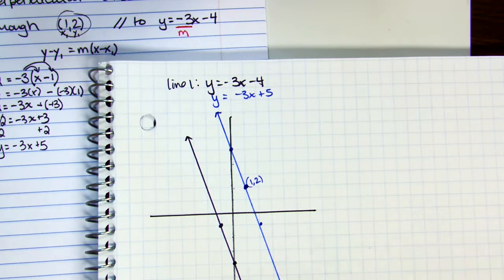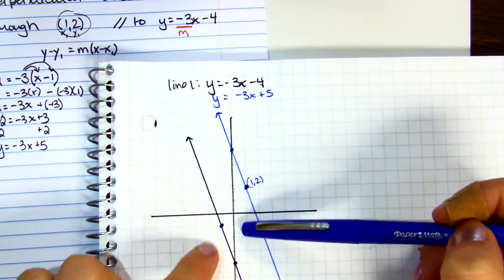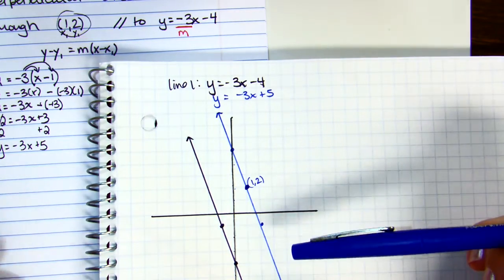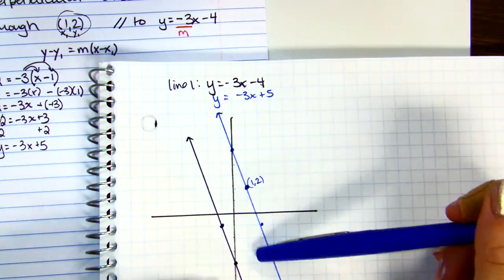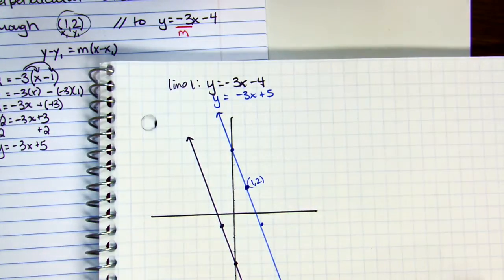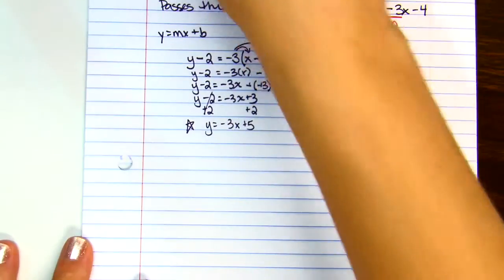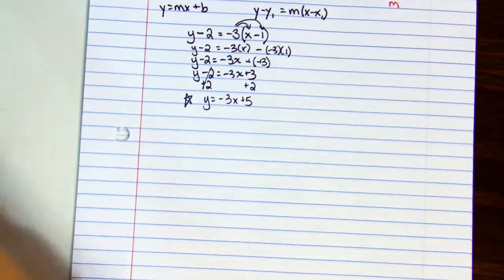Remember, parallel lines have the same slope. They need to have the same rate of change, because they're never ever going to run into each other. You know, if they had different slopes, then they're going to end up running into each other. The other type of line that we might have is a perpendicular line, where we want to make an equation for a line that's perpendicular.